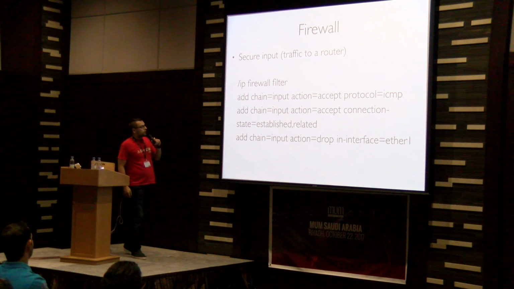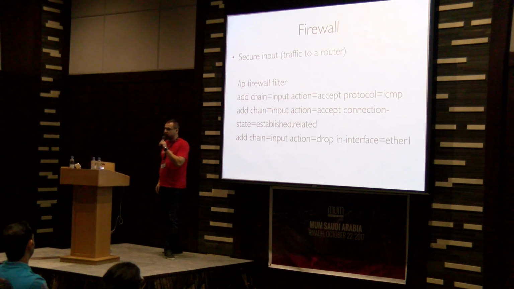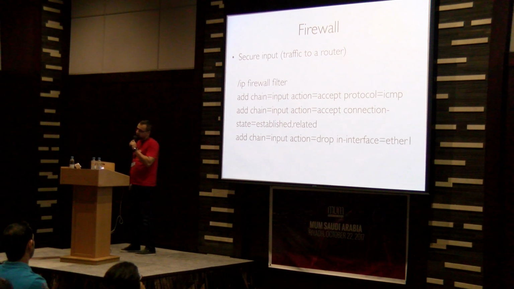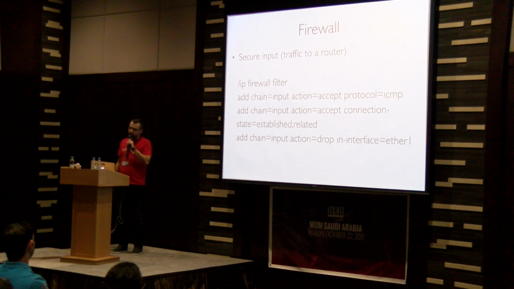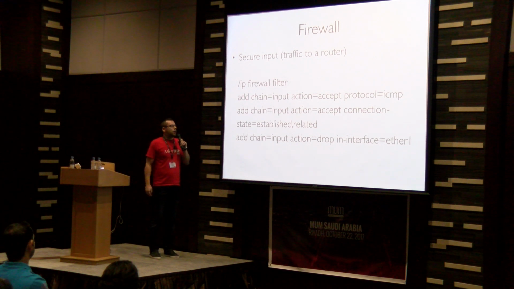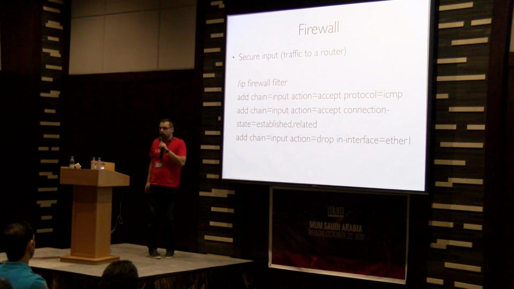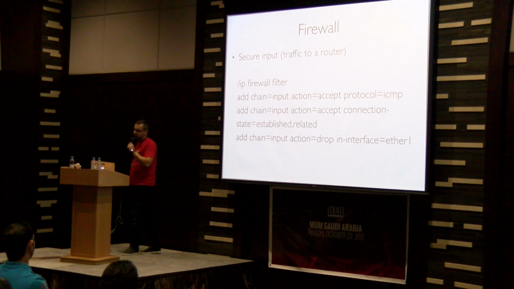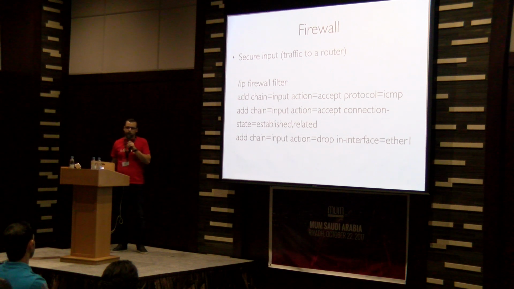So here are three magic firewall rules which are in the RouterOS default configuration. First of all, as in, I guess, most networking equipment, we allow any ping packets. So you can ping your device and see that it's there.